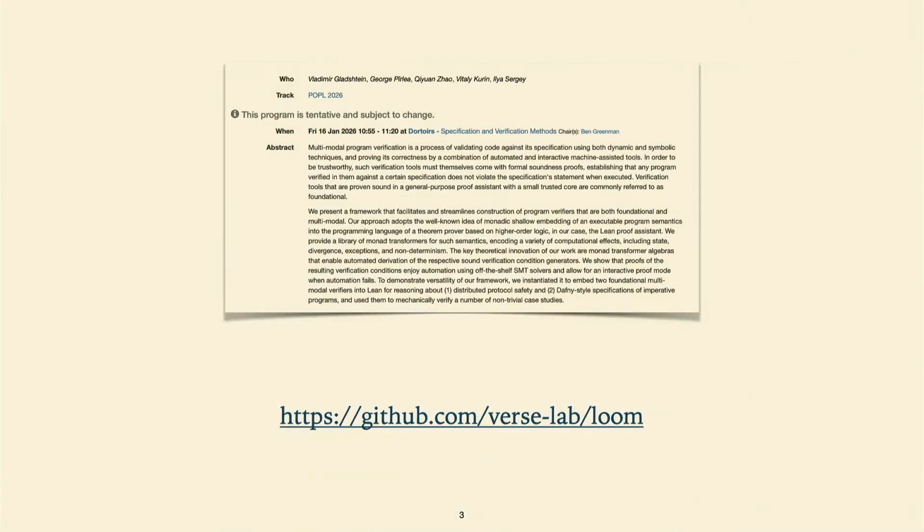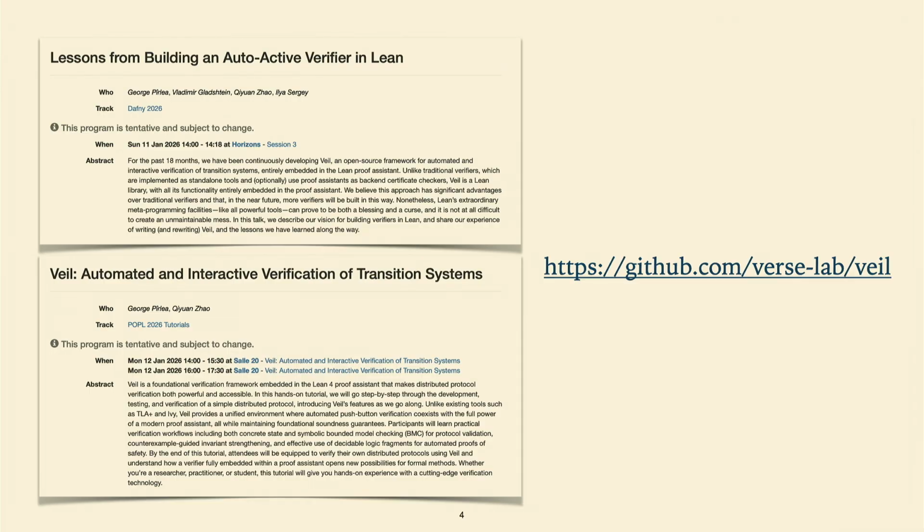If you're interested, a couple of forward pointers. If you're interested in the foundations of Velvet itself as a tool, you can visit my talk on Friday. The tool is called Loom. This is the foundation for all these kinds of provers. Then, if you're interested in other things that we built on top of Loom, Velvet-like verifiers, you can stay for a bit. George will give a talk on Veil, after lunch.